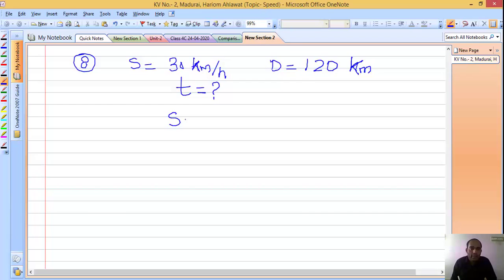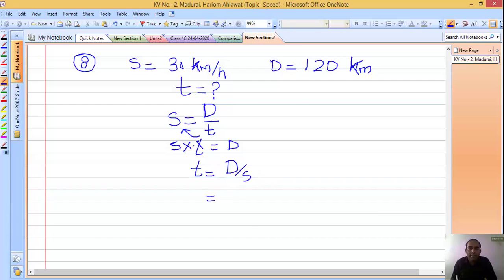Okay, no issue. You know this, speed equals distance upon time. This will go there and will change into multiplication. Speed into time equals distance. When the speed comes here, it will change into division. So time equals distance upon speed.